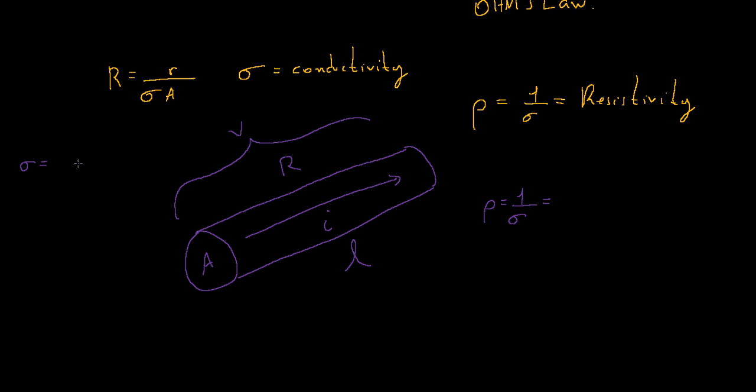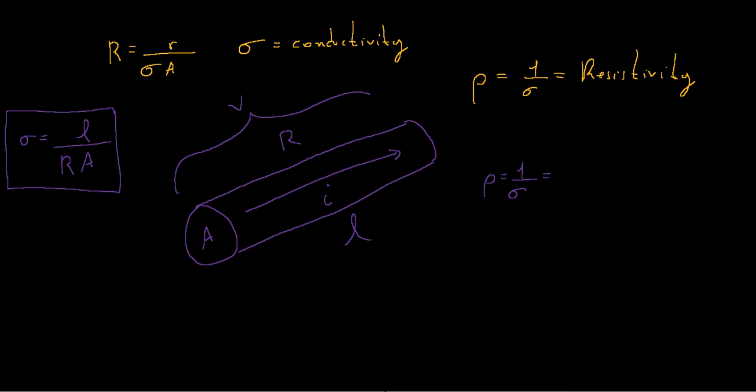Sigma is equal to L over R times A. So this is what sigma is, and this is the conductivity. So rho is 1 over the conductivity, so this is equal to R times A over L. So R times A over L is equal to the resistivity.